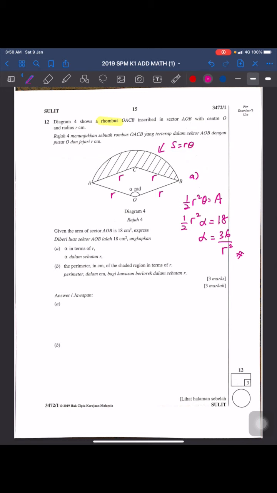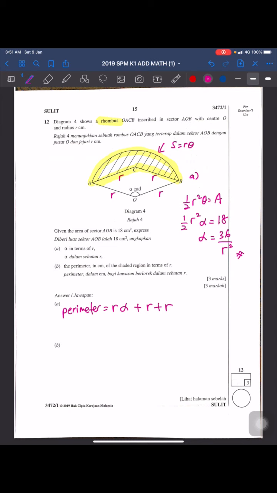So maksud dia R alpha tambah R tambah R. So kita boleh buat perimeter. Perimeter is equals to R times alpha plus R plus R.